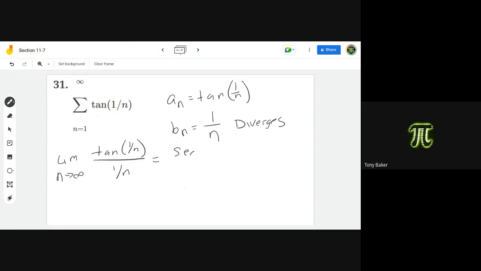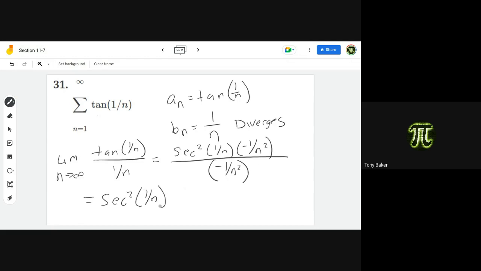The derivative of the top is secant squared of 1 over n times negative 1 over n squared, over negative 1 over n squared. So this ends up going down to secant squared of 1 over n.